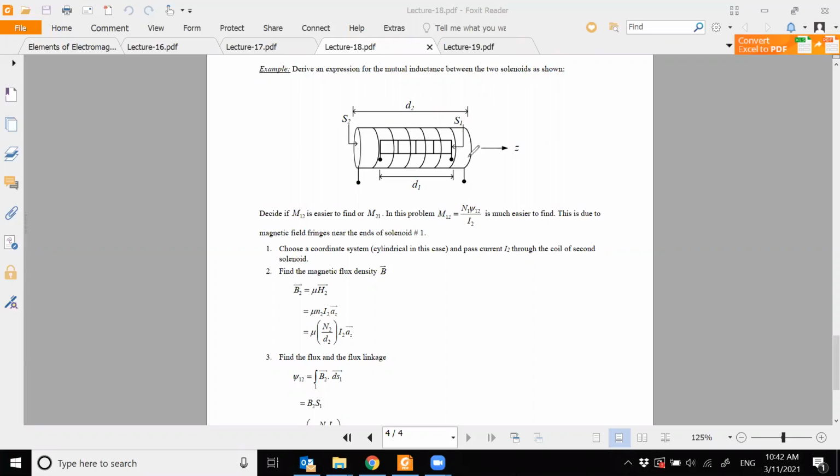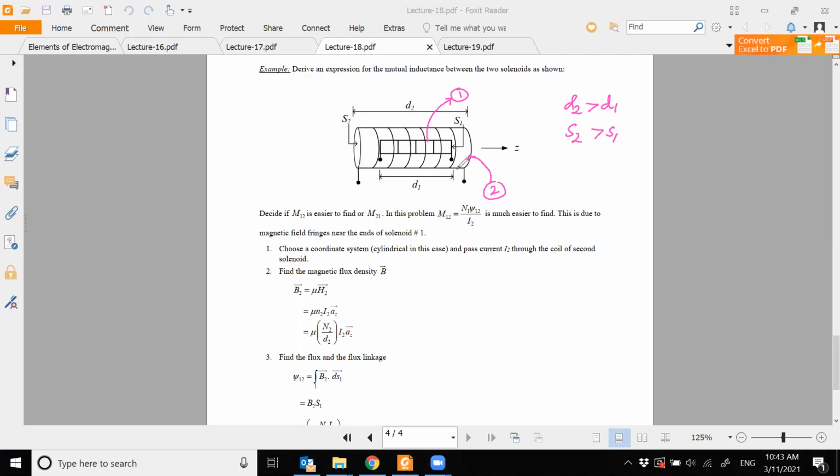The outer solenoid is larger, with cross section S2. The inner solenoid length is D1 and the outer solenoid length is D2. So this is my outer solenoid number 2 and this is my inner solenoid number 1. D2 is greater than D1 and S2 is greater than S1.